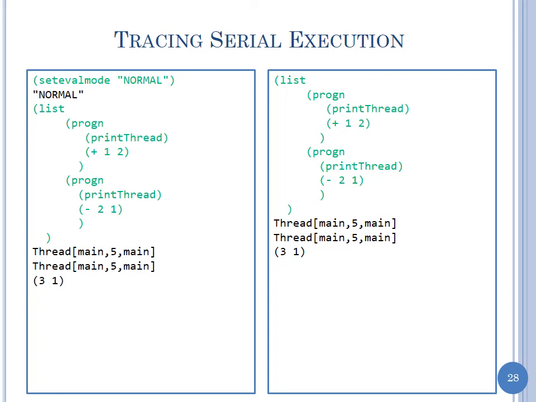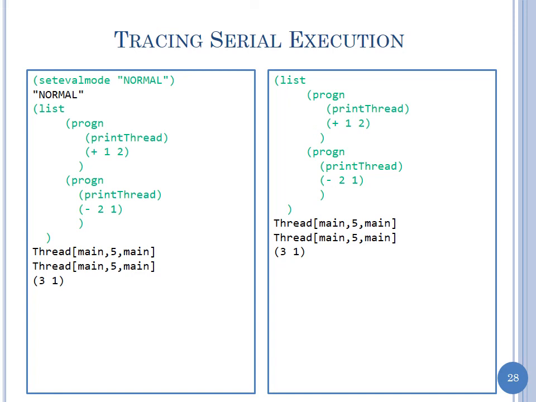So we have set eval mode normal, and then I'm doing list, and prog_n is something else that Andrew has. It's just like let without initializing any variables. Basically it has the expression that is going to be the return value, which is +1, 2, in addition to some optional expressions that you execute before that. So I'm doing list of +1, 2 and +-2, 1.